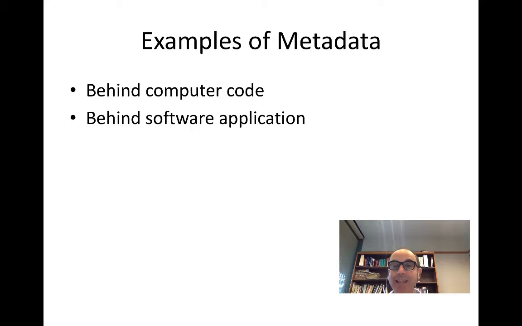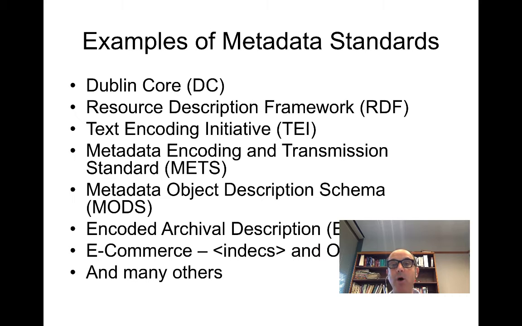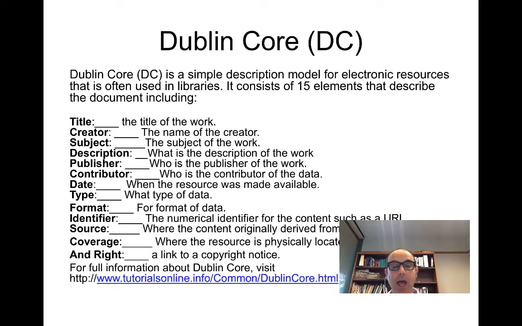So we have a standard, what is an example, and how does it entail. I talked about several examples. I talked about Dublin Core, TEI and EAD, and what they entail. Those are the things that you're going to learn in information retrieval.